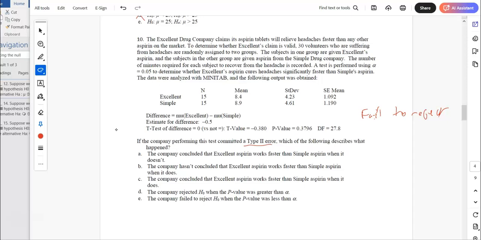So the company concluded that it works faster? No. The company hasn't concluded it works faster when it really does. Boy, I'm heavily leaning towards B right now. Company concluded that Excellent aspirin works faster than Simple when it does. Well, when it does, it's funny.